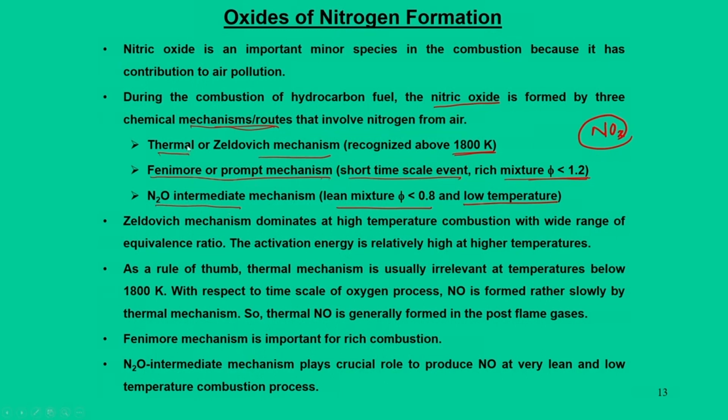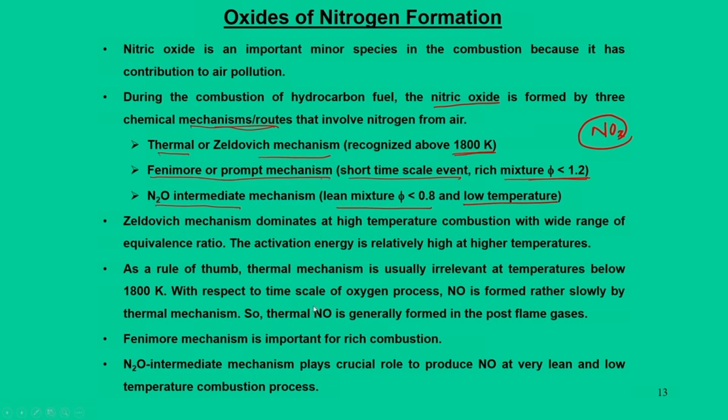So, these are the three ways that NO can form over a wide range of equivalence ratios with respect to temperatures: low temperature, medium temperature and high temperature during a reaction process. As a rule of thumb, we consider the thermal or Zeldovich mechanism only when the temperature is very high.